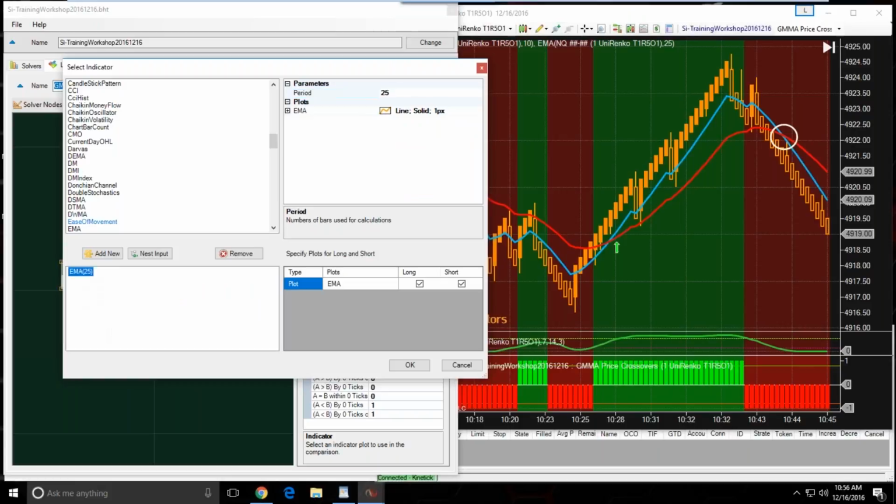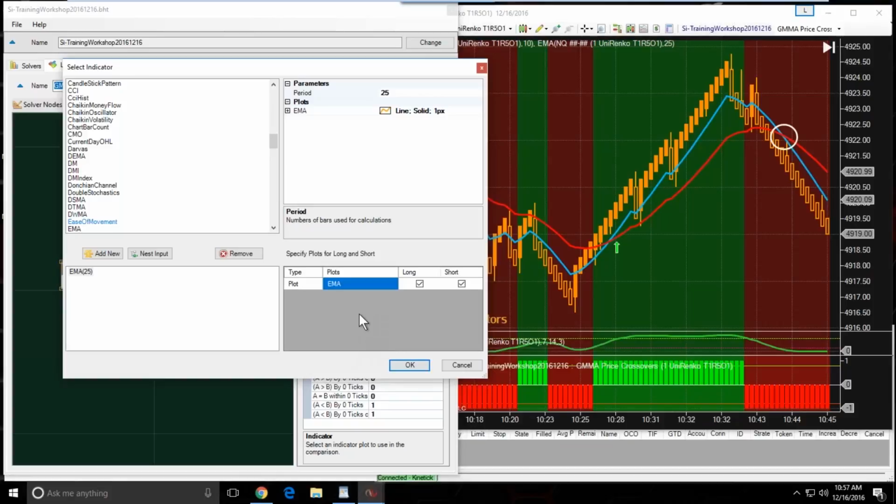Now, if we were actually using the real GMMA indicator, then we'd have to go down here and select the correct plot from that indicator. That indicator looks like it has about 10 plots, so you'd have to make sure you're selecting the correct plot for the red or blue line you're comparing.